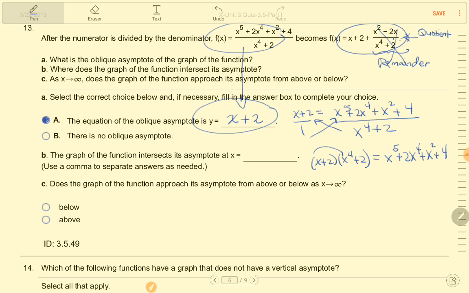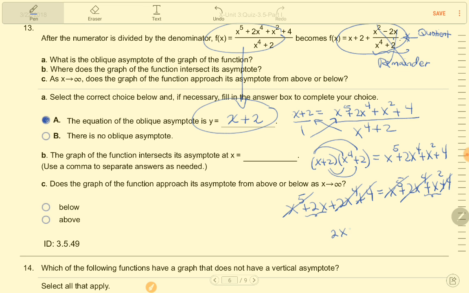First let me FOIL this out, or distribute. x times x to the 4th is x to the 5th, plus 2x, plus 2x to the 4th, plus 4, equals x to the 5th plus 2x to the 4th plus x squared plus 4. This cancels, this cancels, and this cancels. So we have left over just the 2x and the x squared.